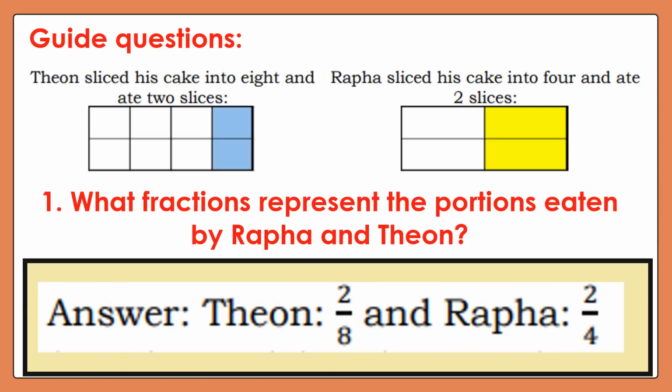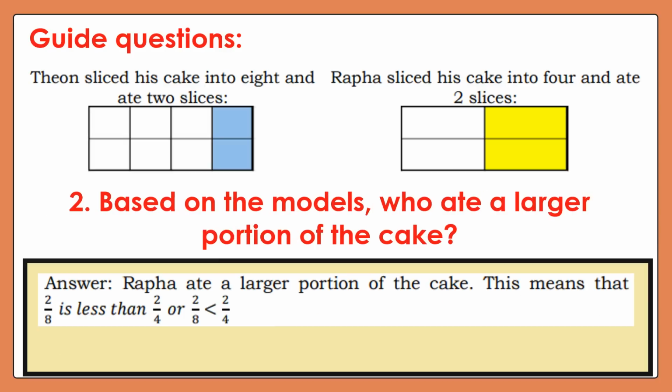The answer: Theon is 2/8 and Rafa is 2/4. Number 2. Based on the models, who ate a larger portion of the cake? The answer: Rafa ate a larger portion of the cake.